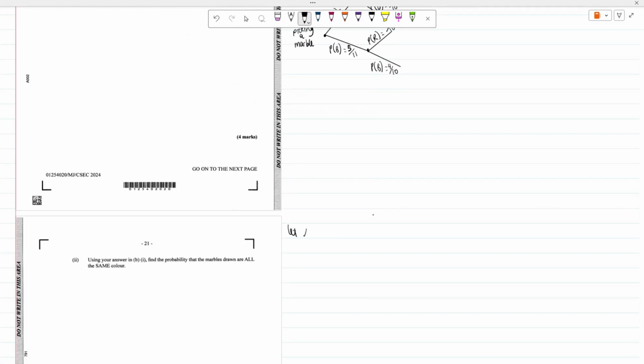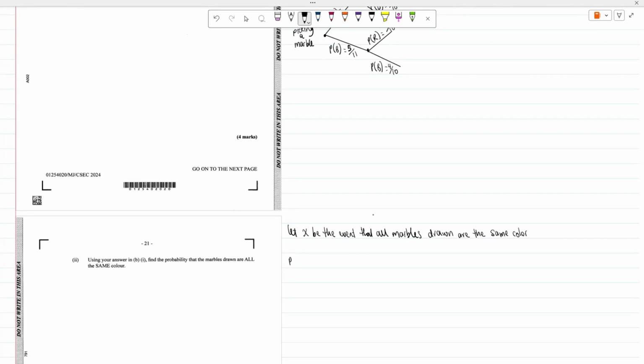So let X be the event that all marbles drawn are the same color.